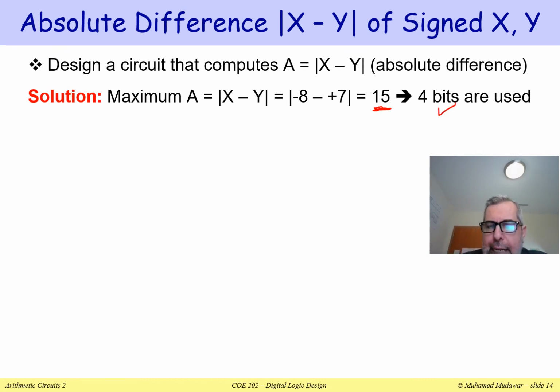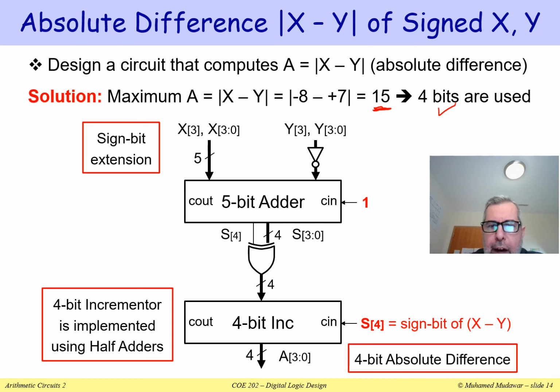So first I need to calculate x minus y, but since x and y here are signed, I need to use a 5-bit adder to produce the difference. So I'm going to use a 5-bit adder to calculate x minus y.